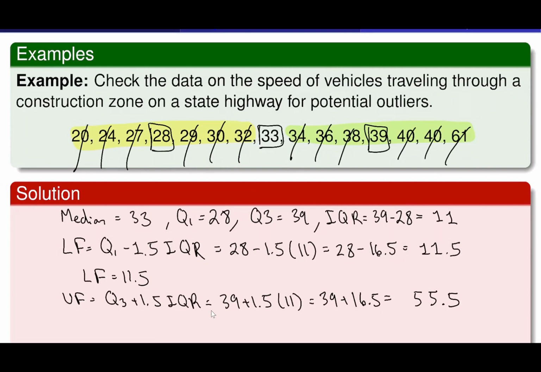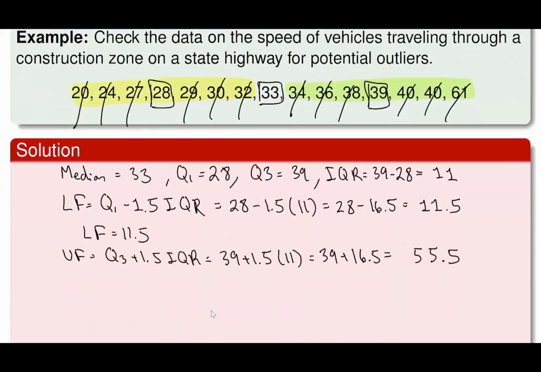All right, so we have our lower fence, which is 11.5. Do we have any number that's lower than 11.5? No. Oh, perfect, thank you. What about any number higher than 55.5? 61. Yeah, 61.